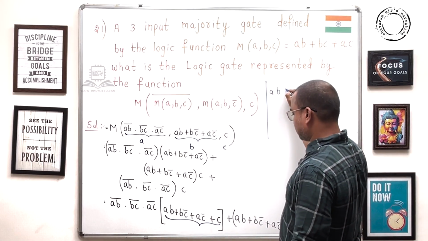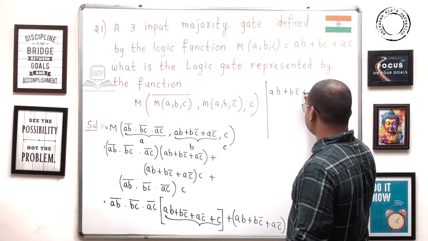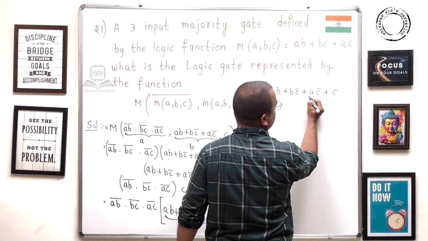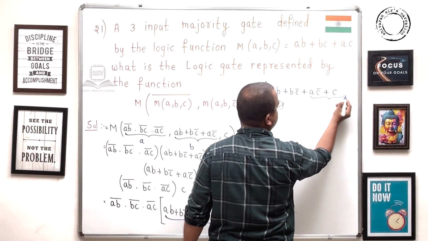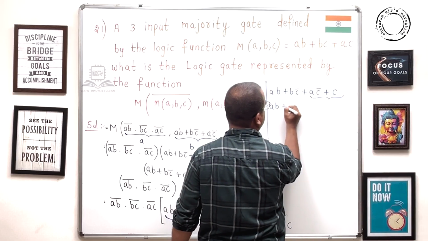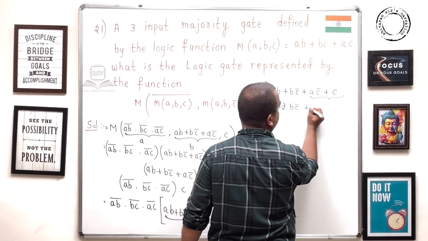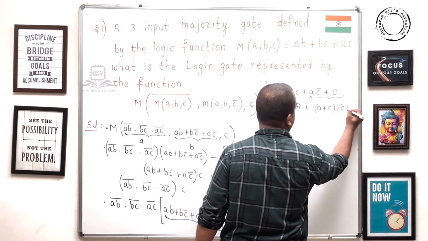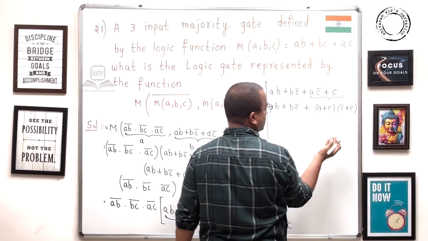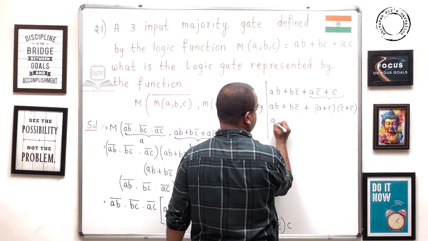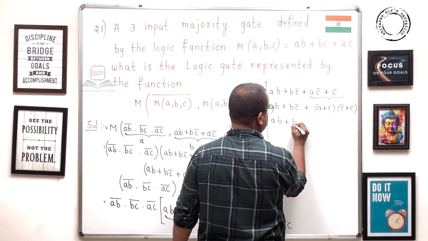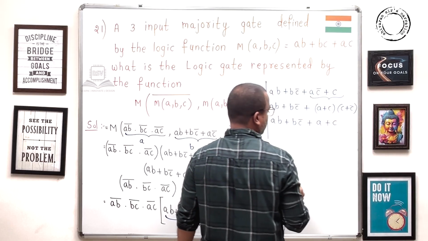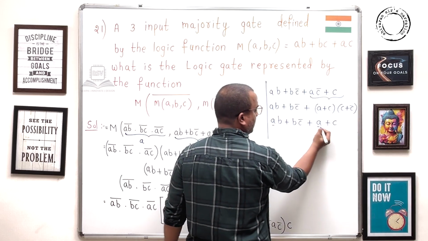AB plus BC bar plus AC bar plus C. Using the distribution theorem, you can write this as AB plus BC bar plus A plus C into C plus C bar. Anyway, C plus C bar becomes 1. Therefore, it is AB plus BC bar plus A plus C. Now guys, here A is common.